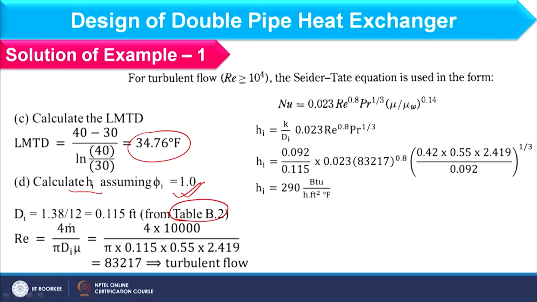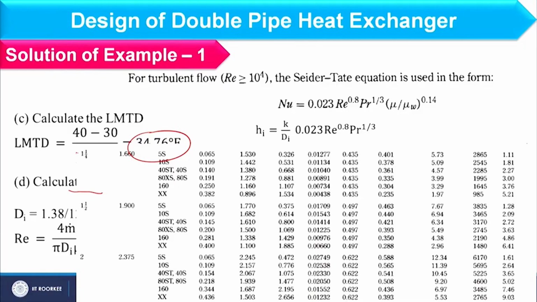And what is that table B2? If you remember the last lecture, we discussed the pipe information, corresponding to the nominal diameter, outer diameter and schedule number, fine. So, here for the inner pipe I have nominal diameter 1.25, schedule number 40, fine.